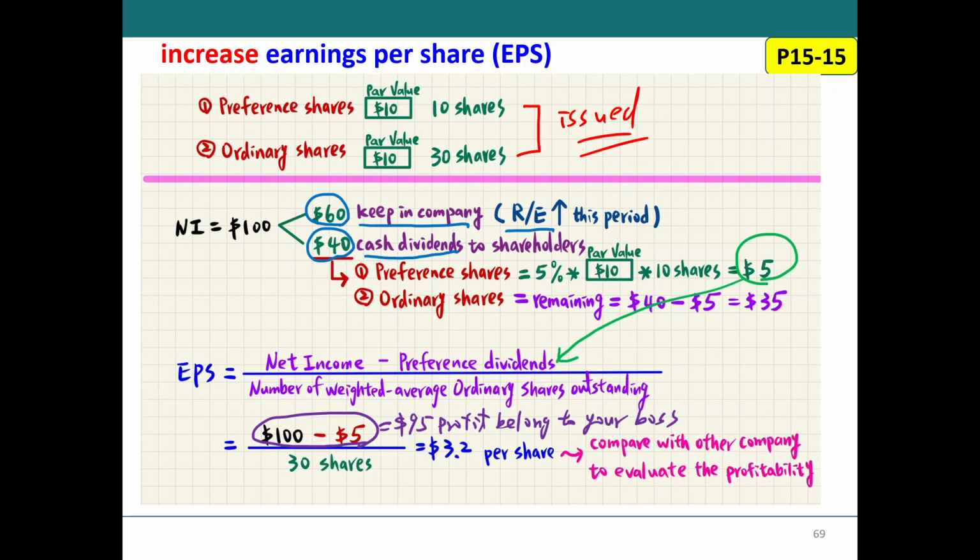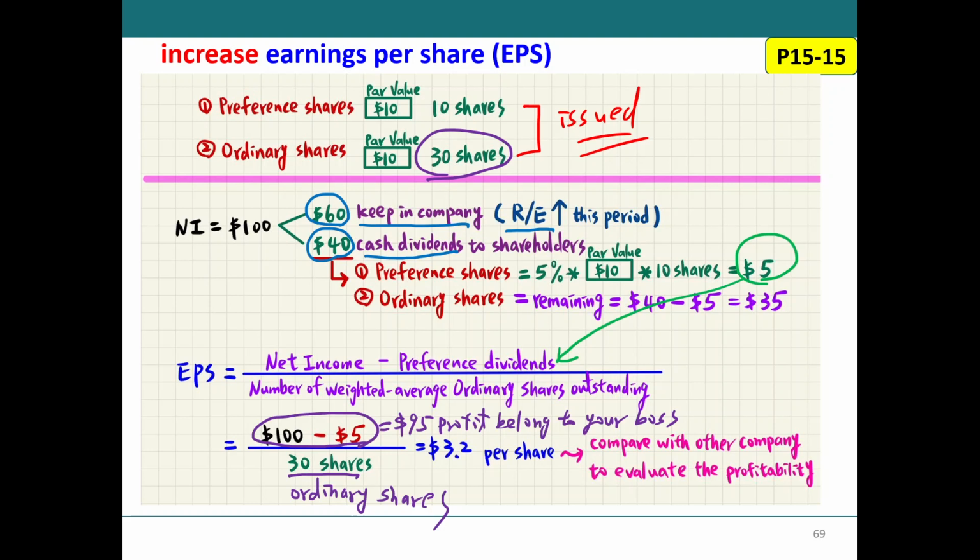But right now, we try to get this number per unit, per share. So you should divide it by your boss's shares, right? How many? 30, your ordinary shares. So divide by 30 shares. After that, you find that per share, you made a profit for your boss of $3.2.